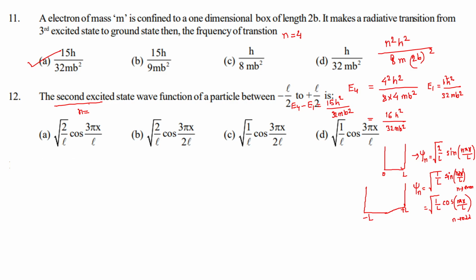Anyone? Okay. The second excited state is n equals 3, right? So your n is 3, that means n is odd. And if it is minus L to plus L, it would have been 1 over L cos 3 pi x by L. Sorry, it would have been 2L.